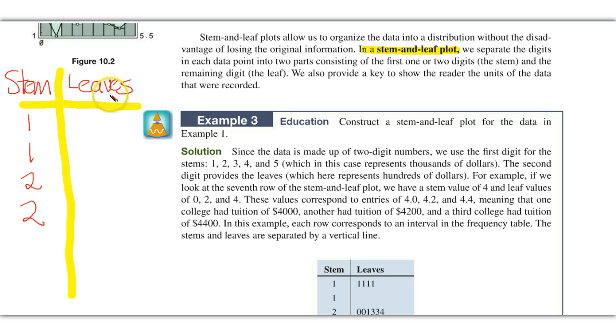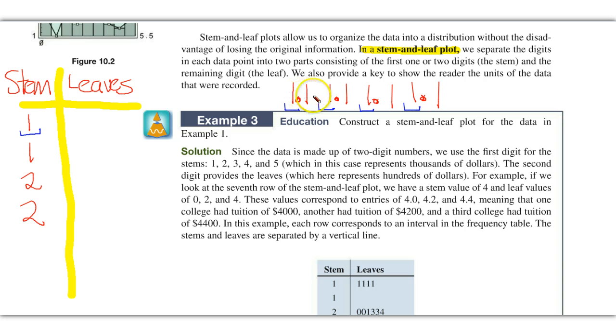we call it the leaves, and that was the second part of the number. And you might recall we had initially there 1.1, we had 4 of them, 1.1, 1.1, 1.1. Well, they're calling the 1 in each of these the stem.